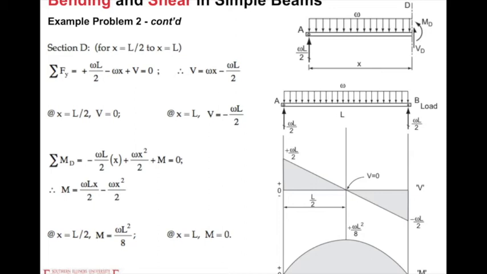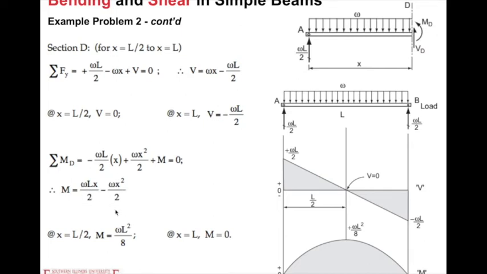Now we continue to look at the calculation at D and write the sum of Fy equal to 0 and the sum of the moment about point D equal to 0. And we get V is also a linear equation related to x, and the moment is also quadratic. The power of x is 2.